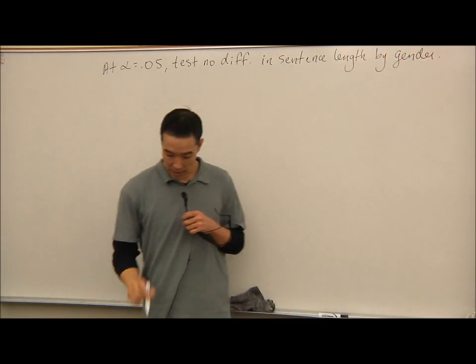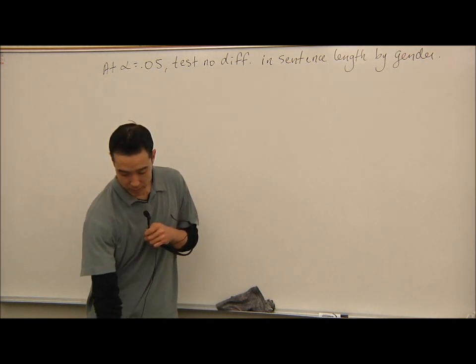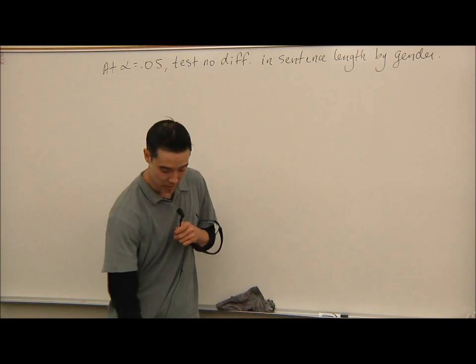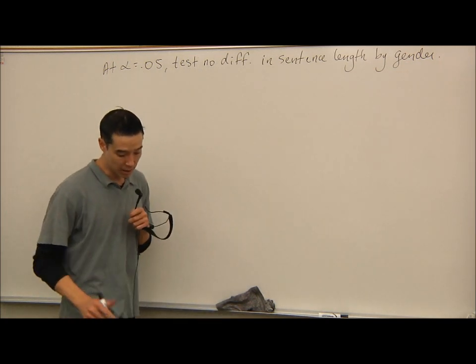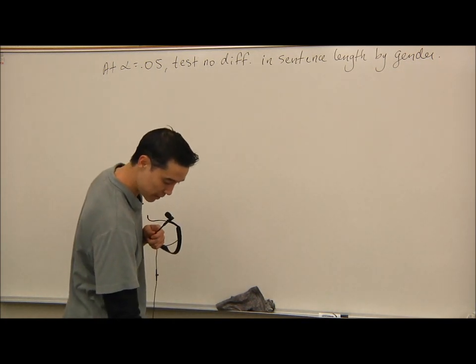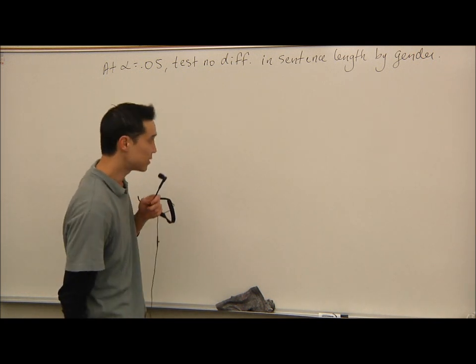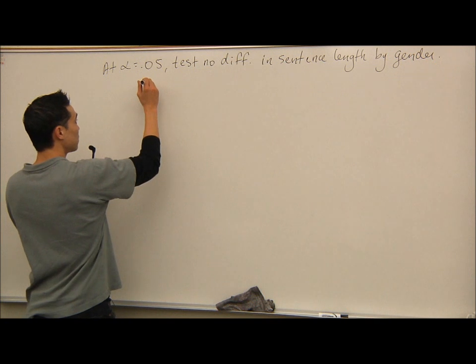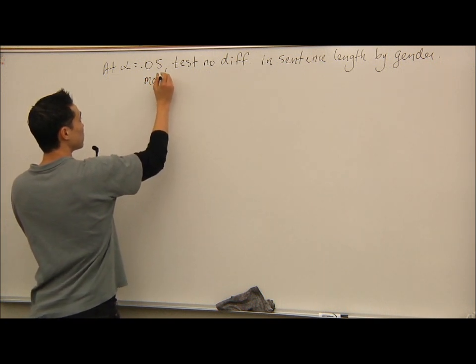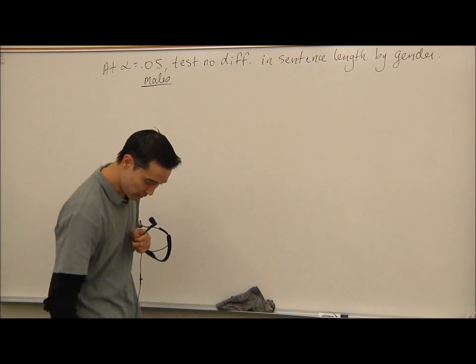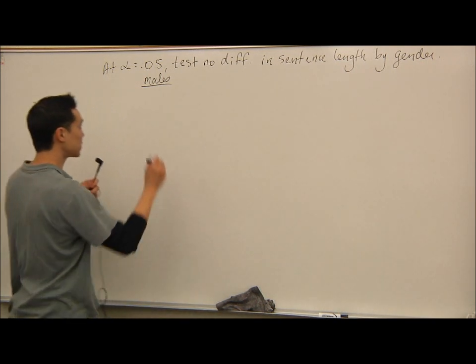Okay, so we have a particular crime here, and we have how long the sentencing was for males and females in a random sample of people that committed this particular crime. Okay? All right, so this is sentencing in months. I'll just make a column here, and this is males. And this is how many months they received for that crime. Okay, so we have 8, 12, 6, 14.